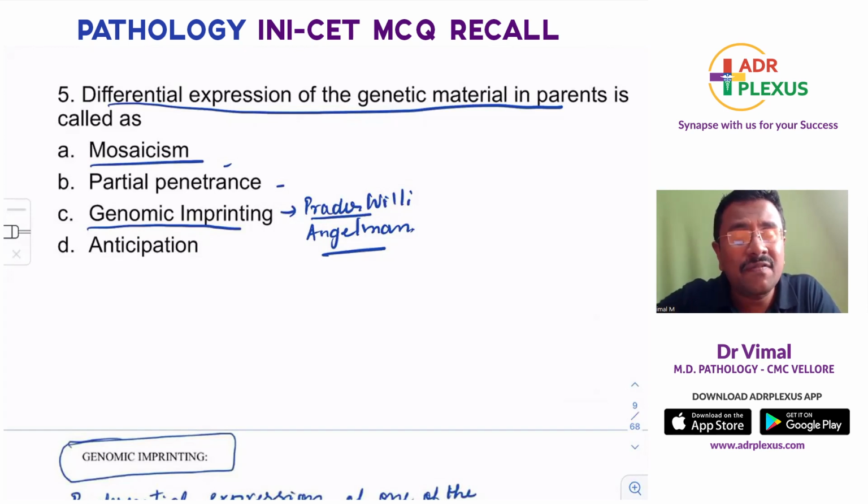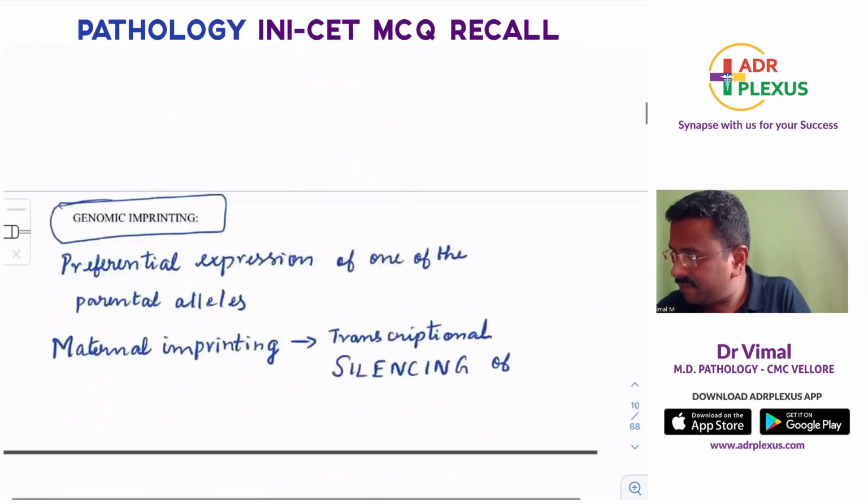That is, the father will have more severe disease than the grandfather, and the grandson will have more severe disease than the father. So this is the phenomenon of anticipation. Coming to our question, the differential expression of the genetic material in parents is called genomic imprinting. Yes.